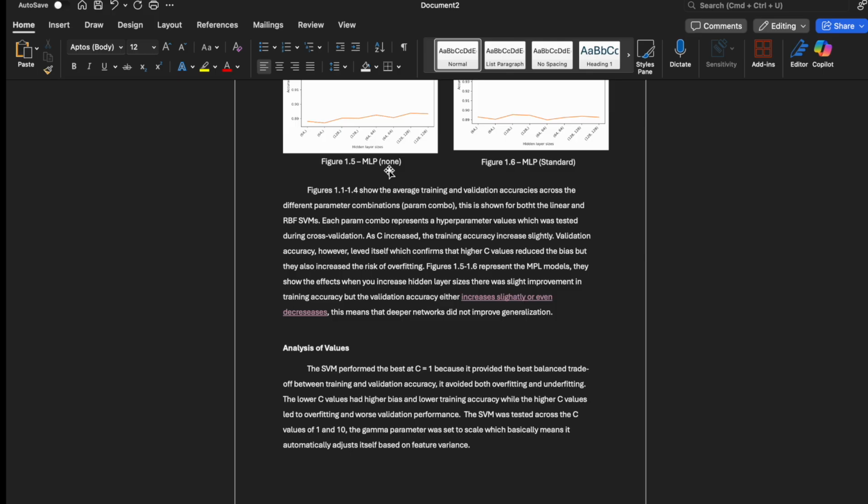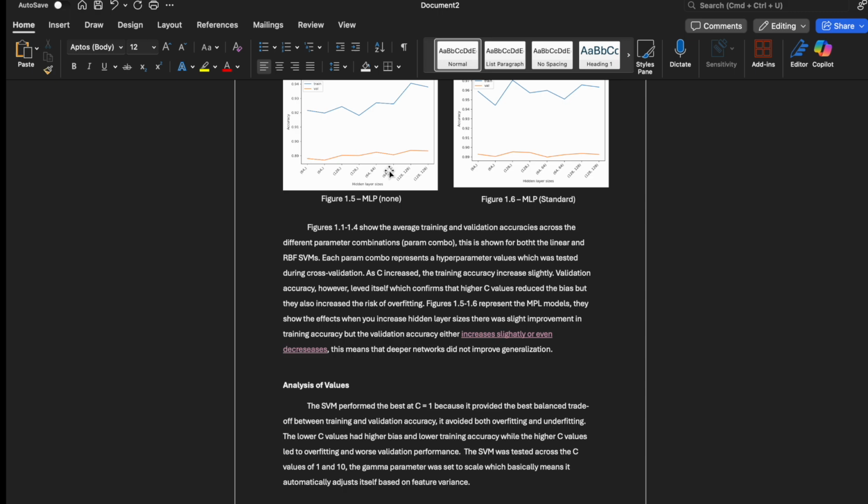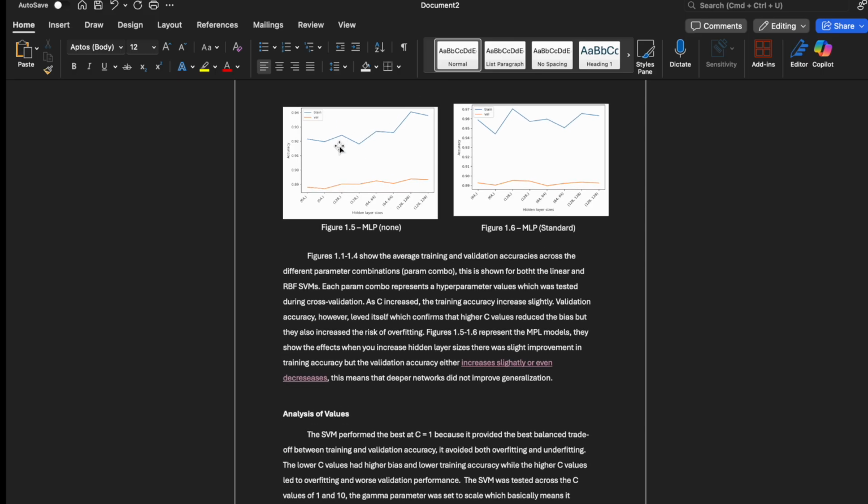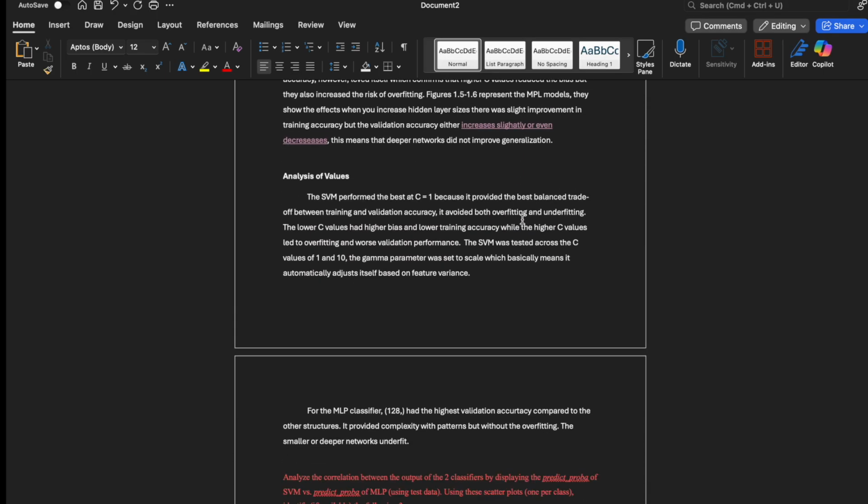This confirms that higher C values reduce the bias, but they also increase the risk of overfitting. And then these two figures, 1.5 to 1.6, are MLP models, and they show that when you increase the hidden layer sizes, there was a slight improvement in the training accuracy, but the validation accuracy either plateaued, slightly increased or decreased, depending on which one.